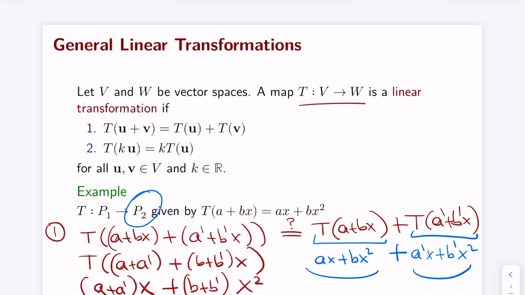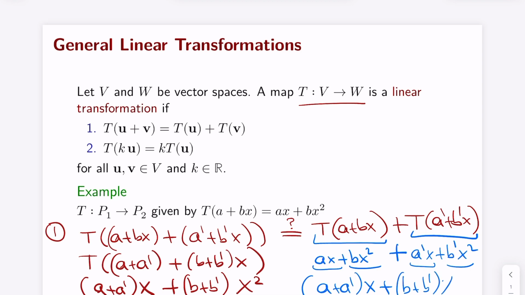I mean, an addition of polynomials of degree less or equal than 2. Let's add these polynomials. We combine like terms here: this is going to be a plus a prime times x, plus, this plus this will be b plus b prime times x squared. So we can check that these are exactly the same polynomial, so that means that property 1 is satisfied.